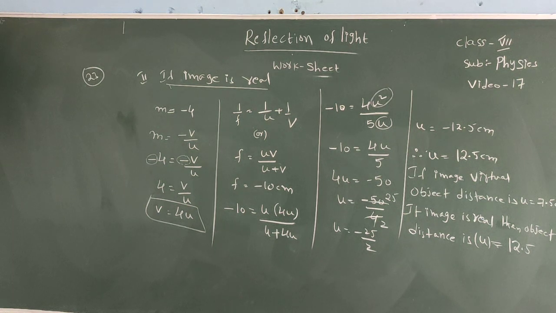Okay. Listen. If image is virtual, object distance is 7.5 centimeters. If image is real, then object distance u equals 12.5.